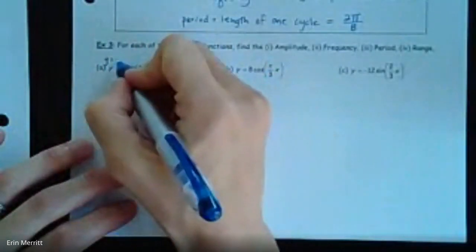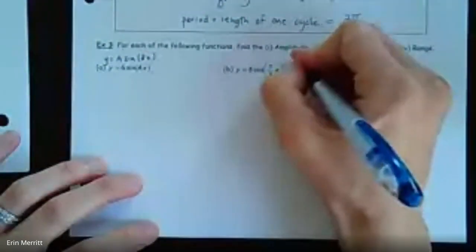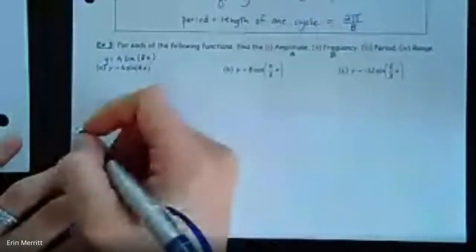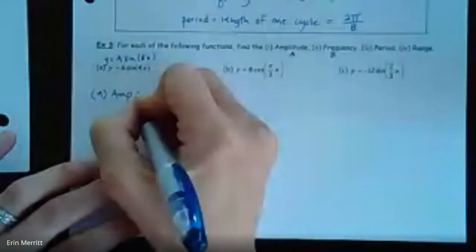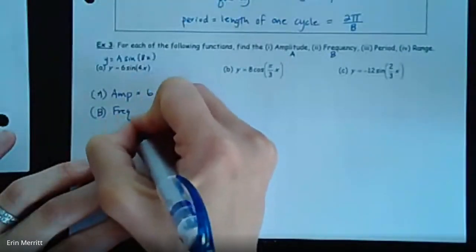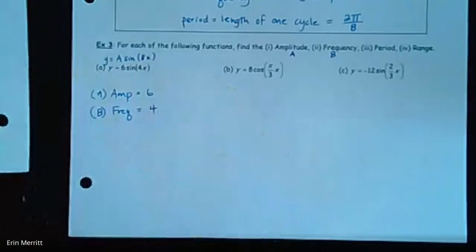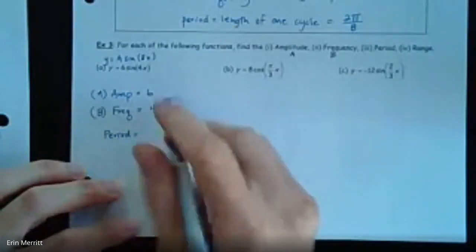All right, so the very first one, remind yourself, this is in the form of a sine of bx. So when it says what's the amplitude, frequency, those ones you don't really have to think too hard about. Simply, the a, or the amplitude, is just the 6. The b, or the frequency, is the 4. Easy. All right, for the period, this you have to calculate.